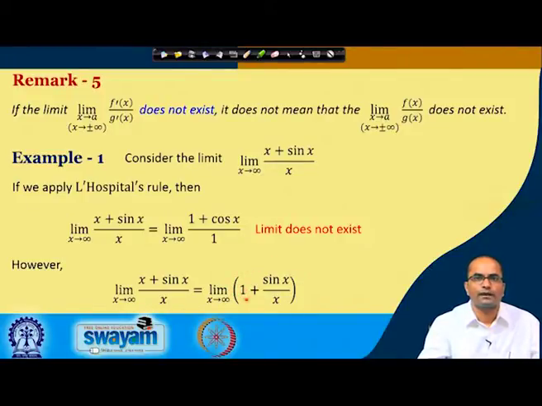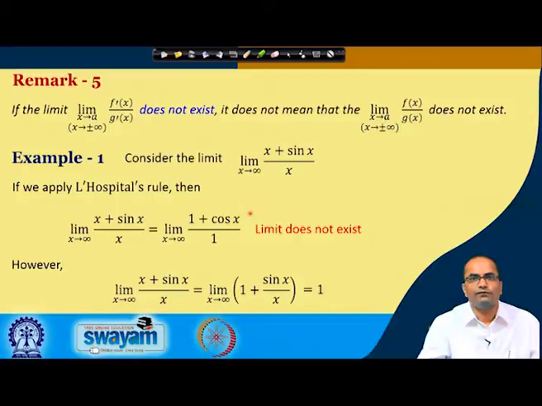When x goes to infinity and sin x is something finite, something finite divided by infinity will go to 0. So the second part, sin x over x as x goes to infinity, goes to 0. So we have 1 plus 0, meaning this limit is 1.